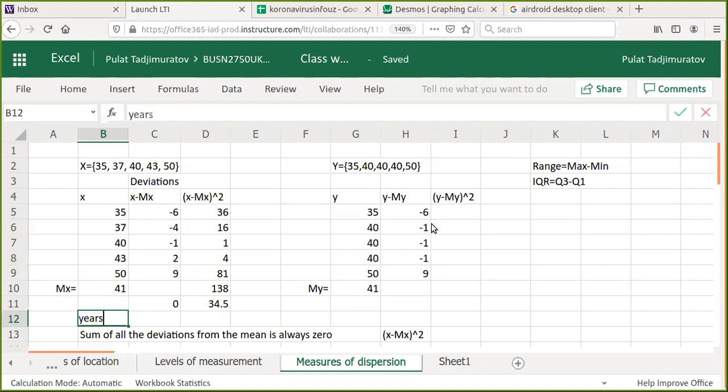I'll put it here. So this one is in years, and our deviations are also measured in years, but here we squared them. So now the unit for these numbers is not years anymore, it's years squared.